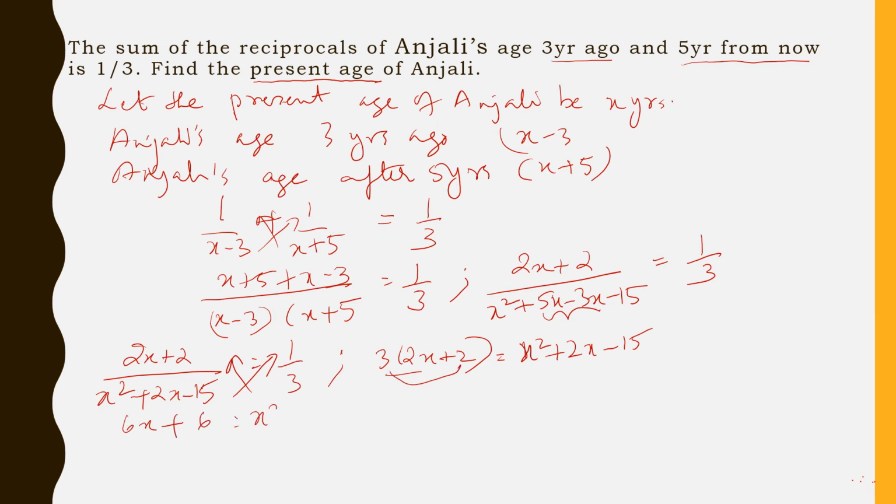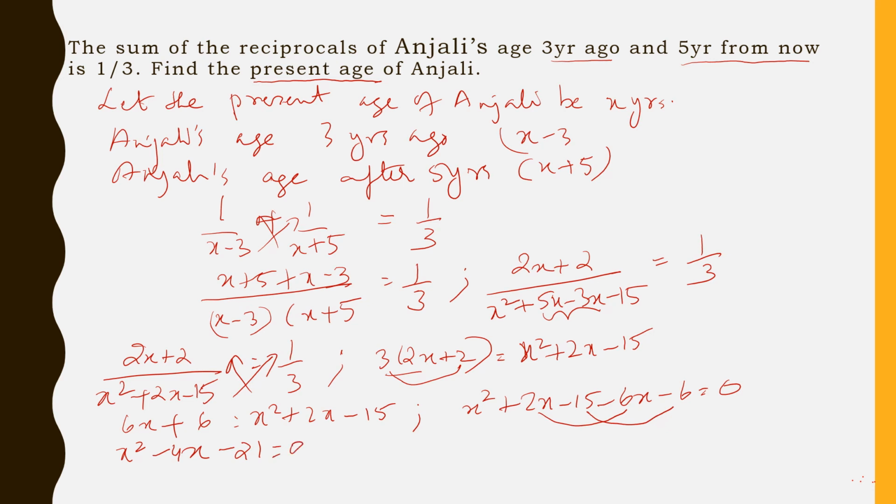And x square plus 2x minus 15. Now, when you take all the terms to one side, x square plus 2x minus 15 minus 6x minus 6 equal to 0. So, our equation will become x square, 2x minus 6x will be minus 4x, minus 15 and minus 6 will become minus 21 equal to 0.